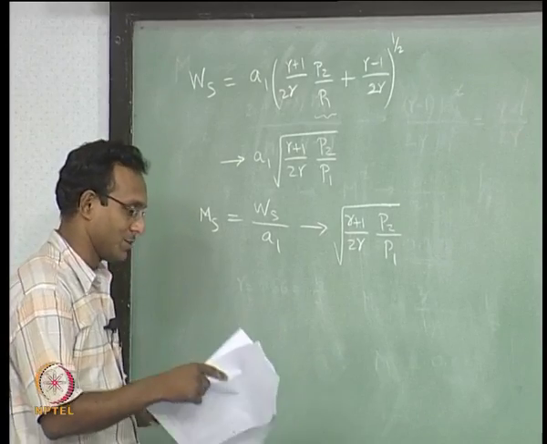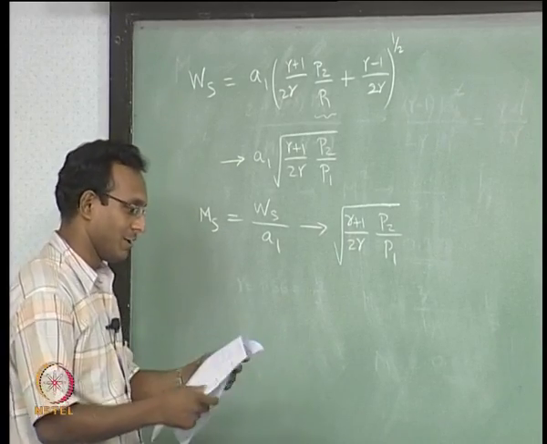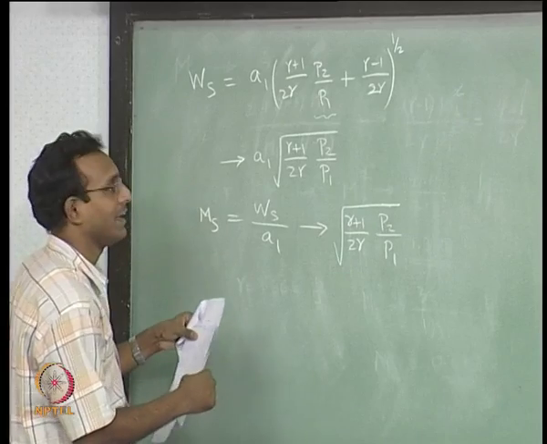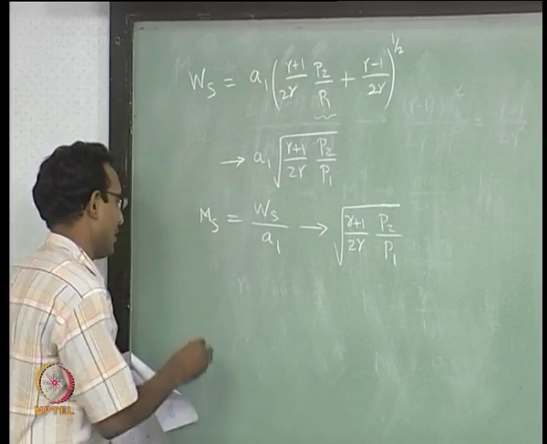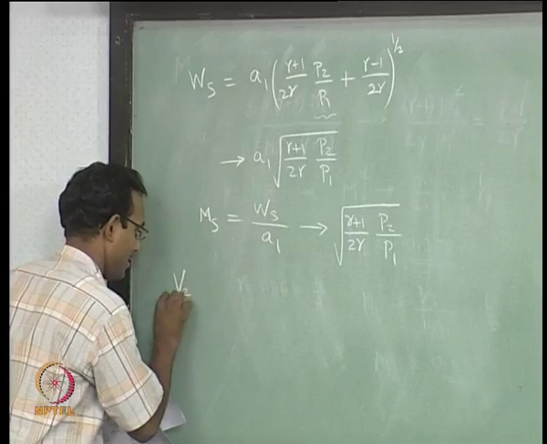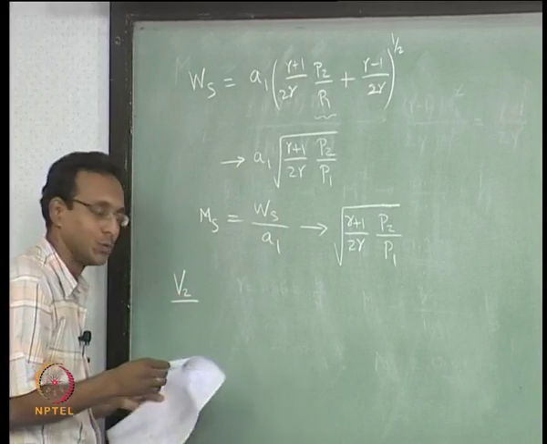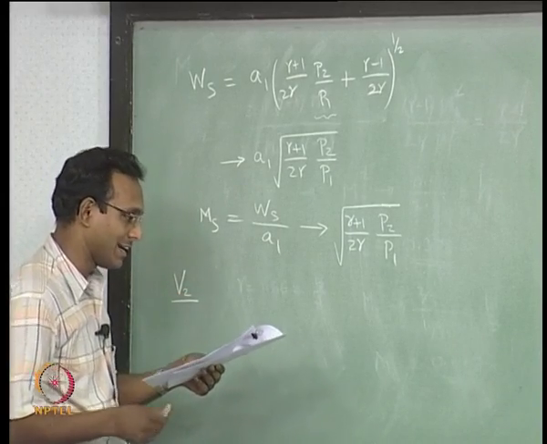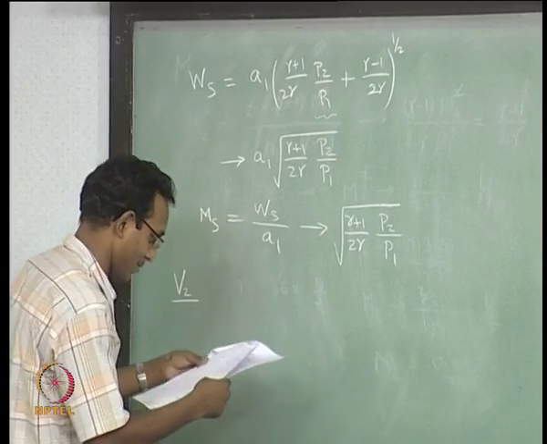Now, the next thing is we have to do this analysis for V2 by A1. I want to call this V2 by A1. I could do it as V2 by A2 also. We will currently do it as V2 by A1, and then we will look at V2 by A2.